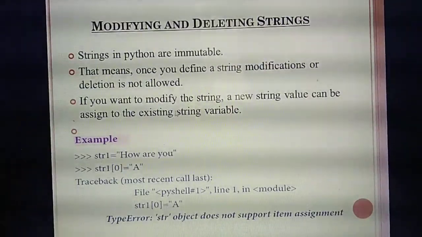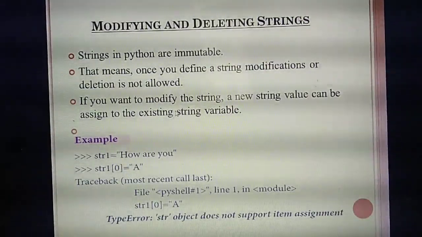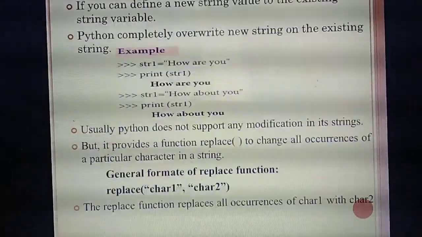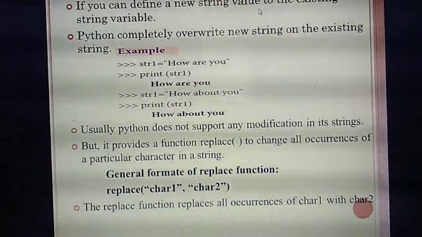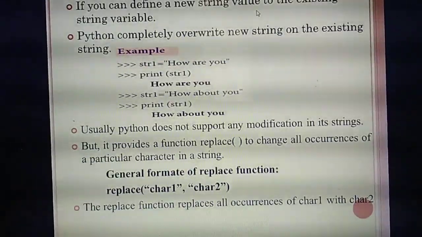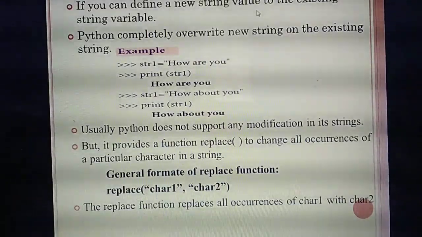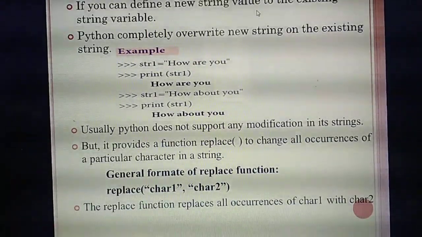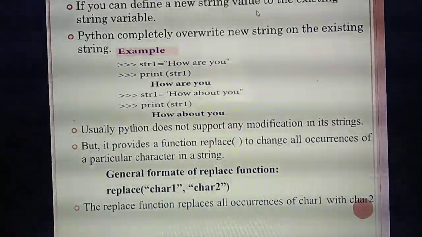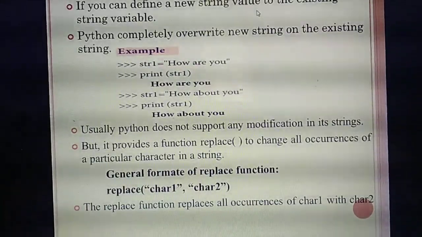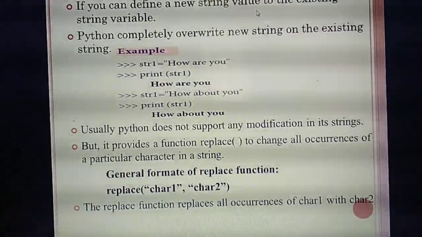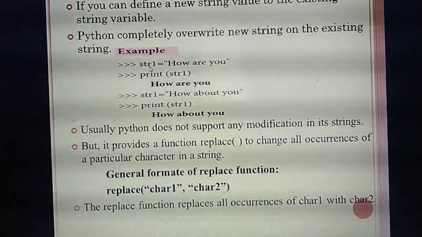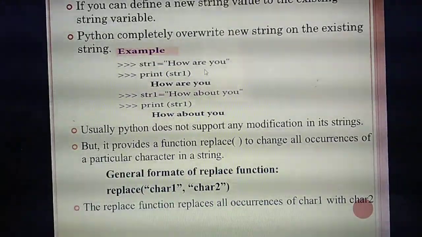But the next point: you can add a new string. Listen, see the next example. You can't modify, you can't assign some string to another string, but you can add some new string to the existing string. Okay, listen. So here you are giving str1 and the same, how are you?